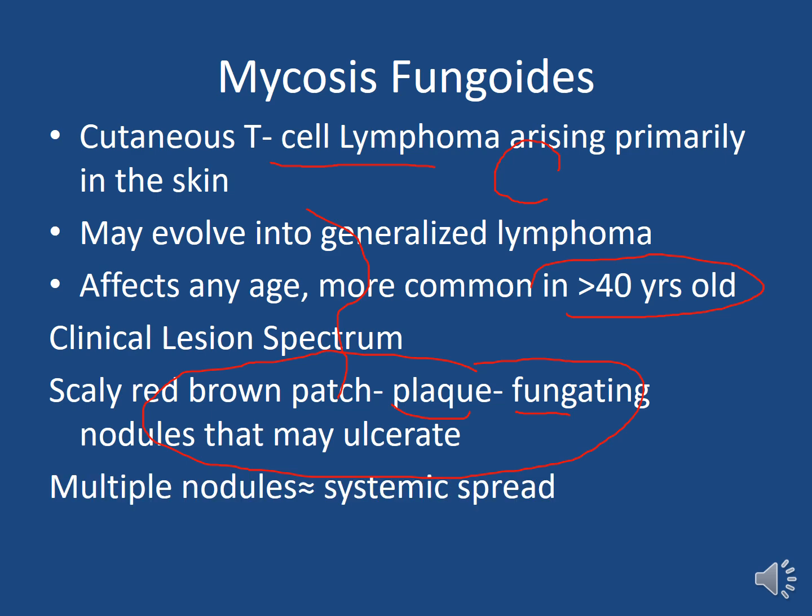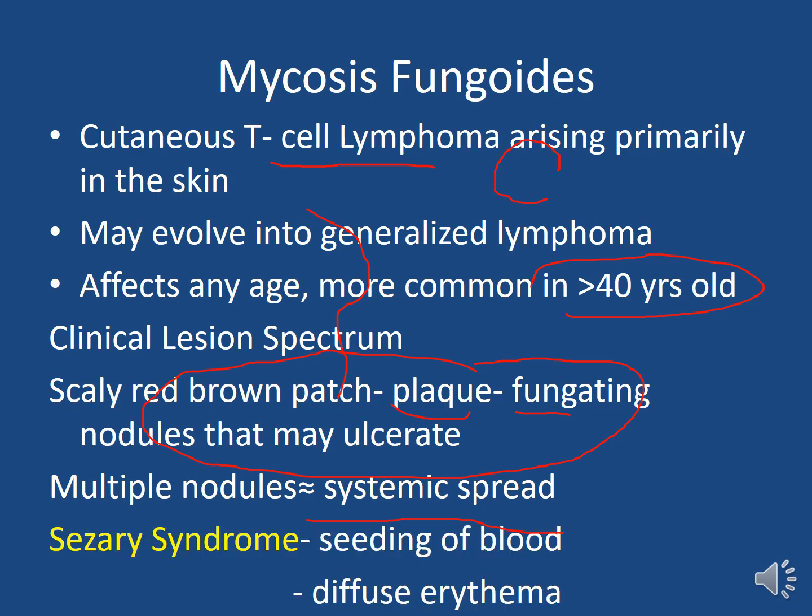Okay? So when patients present with multiple nodules, most of the time, many internal organs are already affected by infiltration of the neoplastic cells, producing systemic spread of the neoplastic T cells.